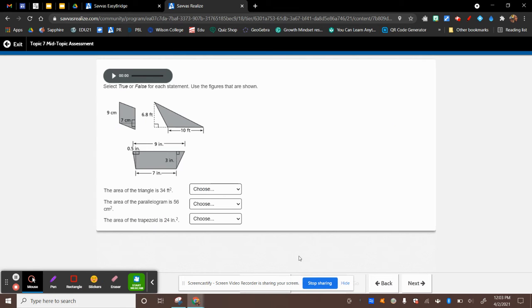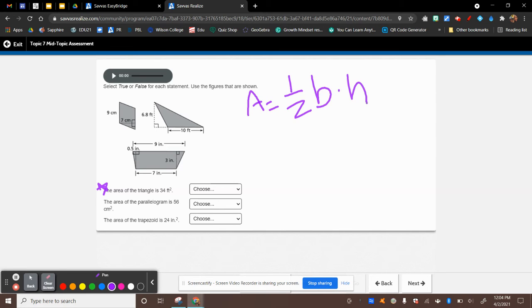Okay, let's take a look at number two. I'm going to say that the one that was tricky on this one for most of you was the trapezoid one. So if we look at the area of the triangle is 34 feet squared. Here's my triangle. Area of a triangle is 1/2 base times height. So now I look at my triangle. Area is 1/2. The base is 10.